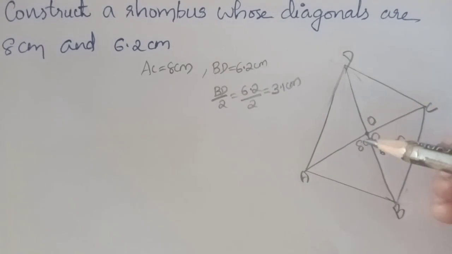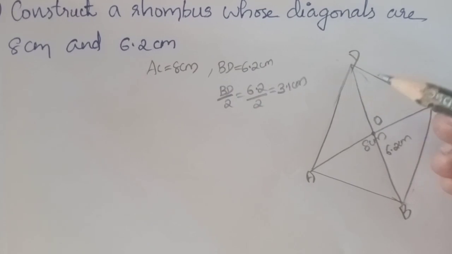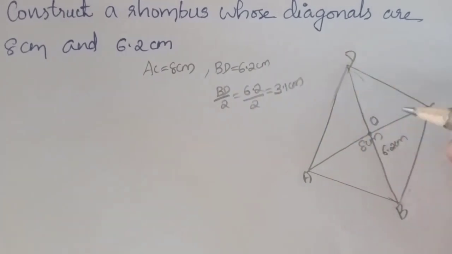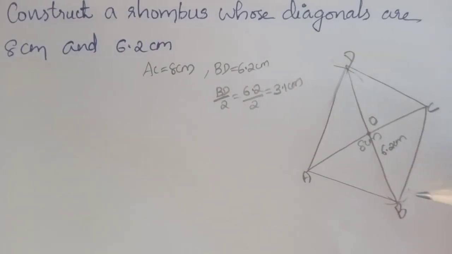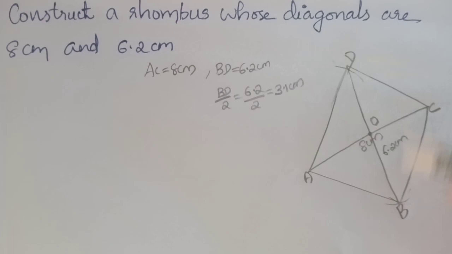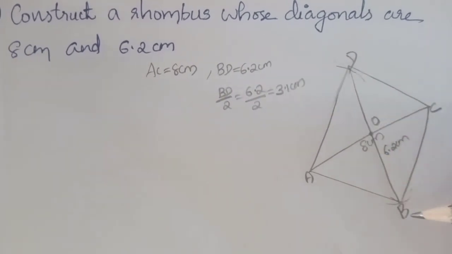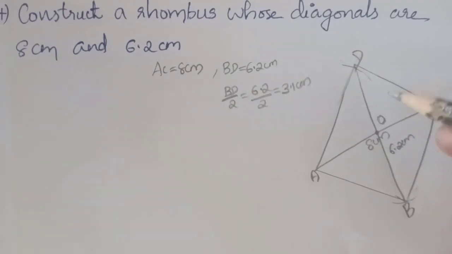So with O as center, taking the radius 3.1 cm, draw two arcs above and below AC. Mark the points as B and D. Join AD, AB, BC and CD. We get the rhombus ABCD.